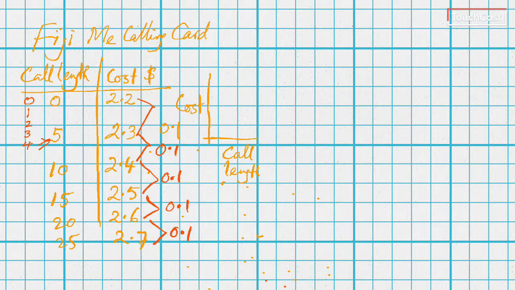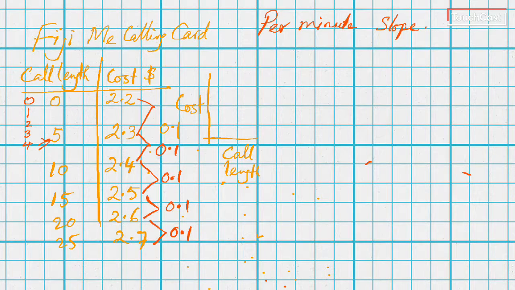So per minute should be our understanding of the slope or the gradient.